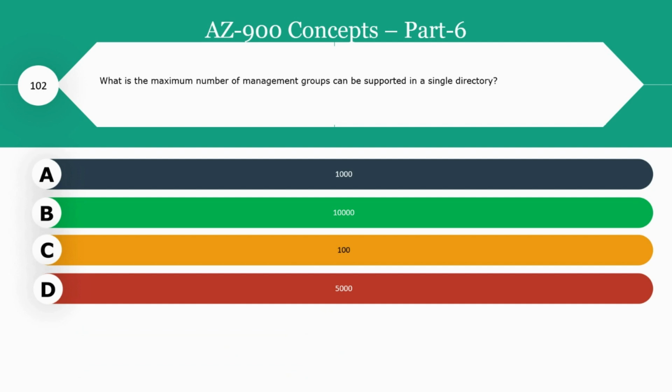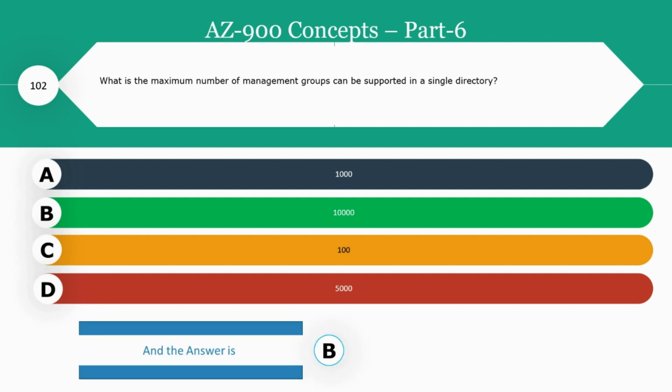Next question, what is the maximum number of management groups that can be supported in a single directory? Option A 1000, option B 10,000, option C 100, option D 5,000. The correct answer for this question is option B. There are 10,000 management groups that can be supported in a single directory, and so option B is the correct answer.